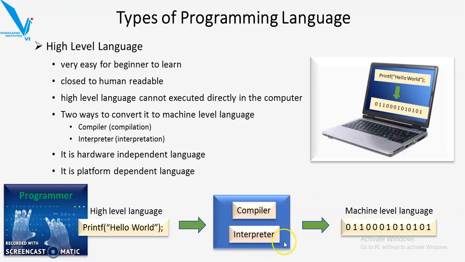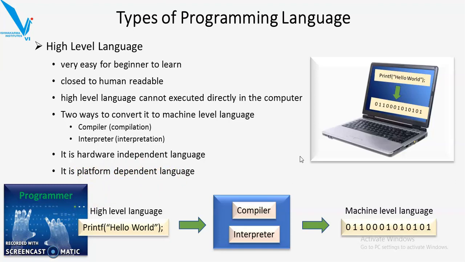But in interpretation, the source code is converted line by line and executed immediately after the conversion of each line. This compiler and interpreter are the programs used to convert high level language into machine level language. This high level language is hardware independent, but it is platform dependent.